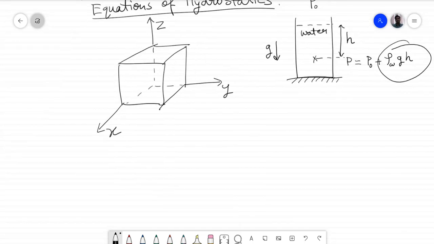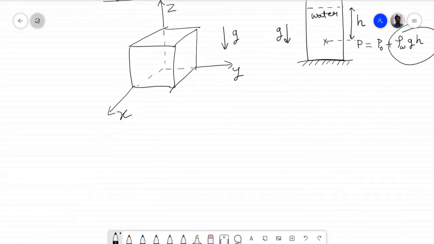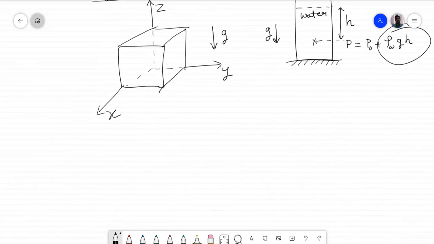Now let's also assume that gravity acts in the z direction, negative z direction, so that we can derive that formula.